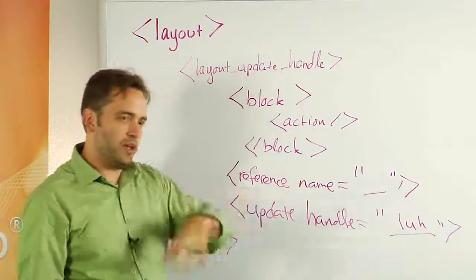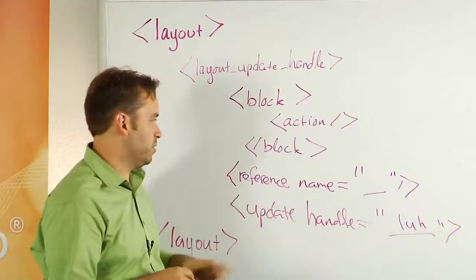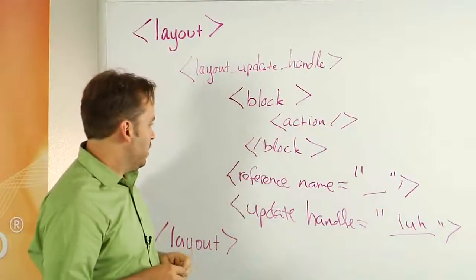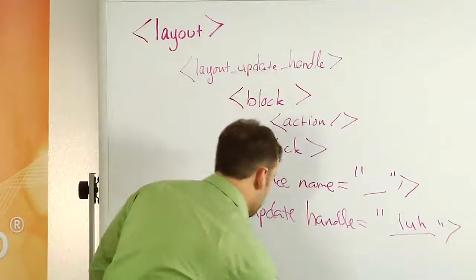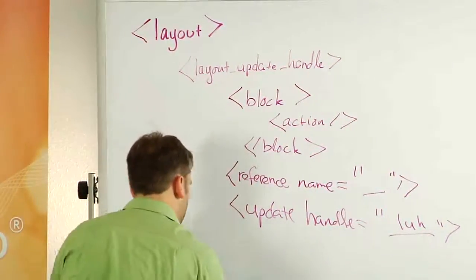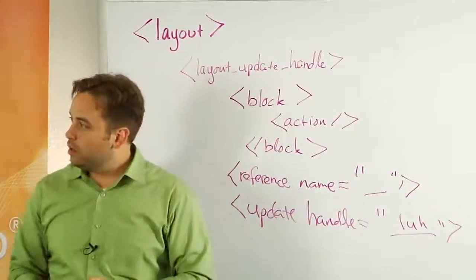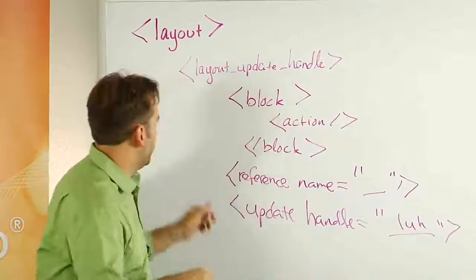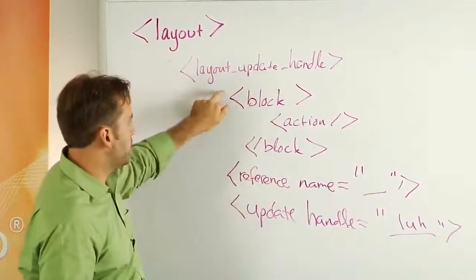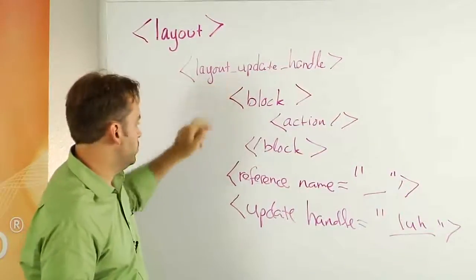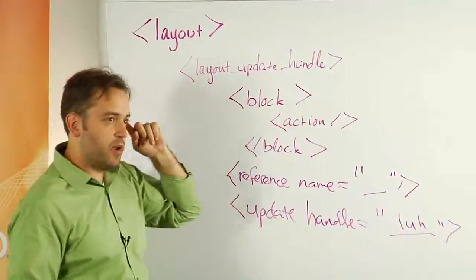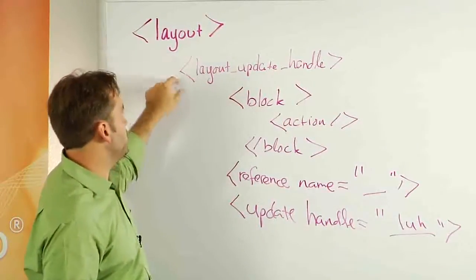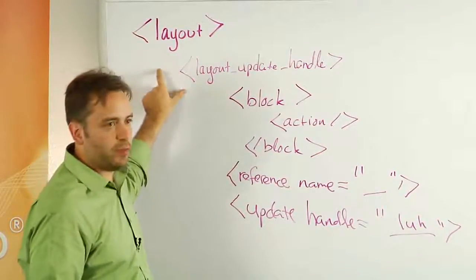That's pretty cool. I'll be going over this some more. We'll be getting practical with this. And then there's also the remove. Remove will go directly under a layout update handle as well. So the thing to remember is the only thing that you'll find directly under layout are layout update handles.